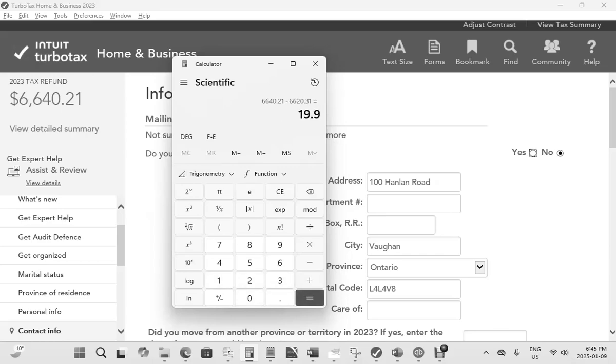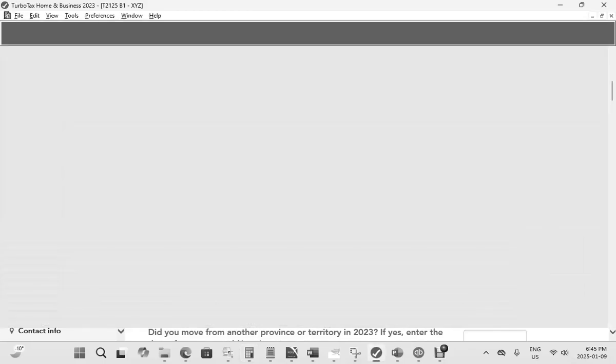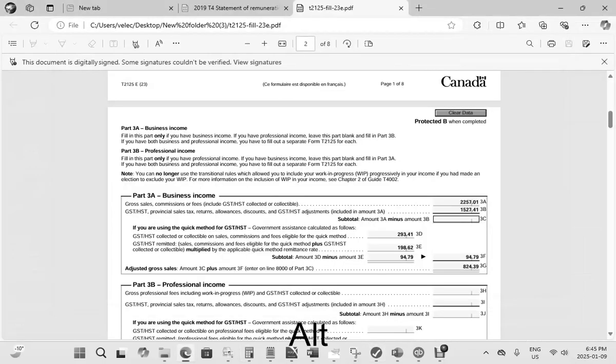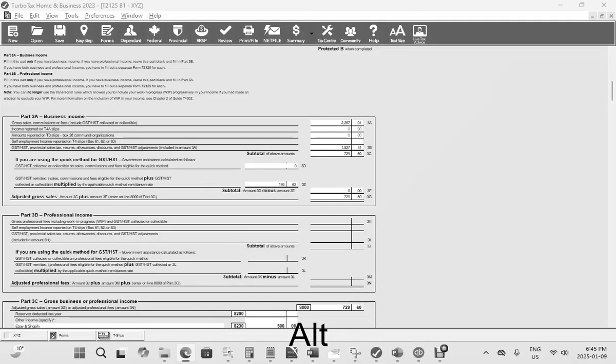That's a total of $20 in tax refund. So you're getting $20 more because you're paying roughly $293 less when it comes to the sales tax that you collected. So for $293, you have a difference of $20.